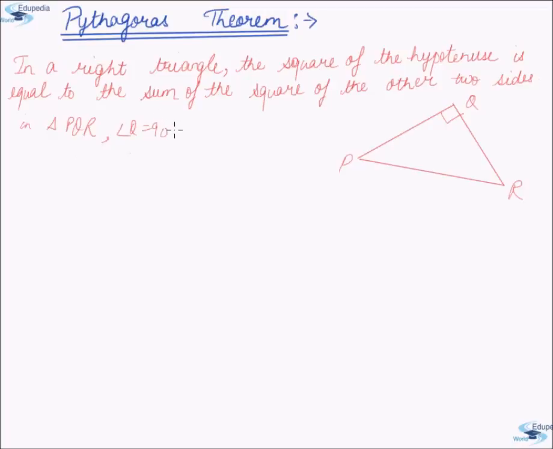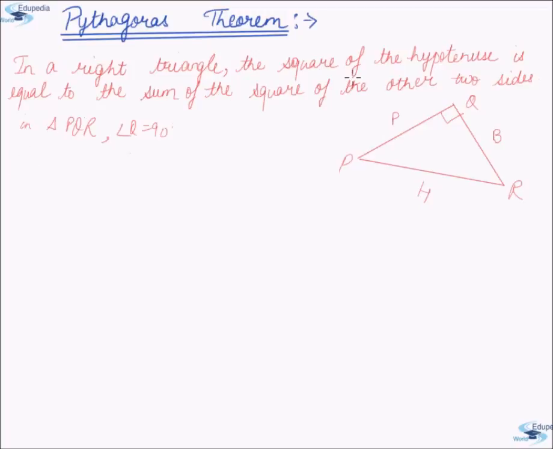So according to this theorem, the square of the hypotenuse. Now friends, hypotenuse is the side opposite to the right angle. Therefore, PR is hypotenuse. One of these two sides can be used as base and the other side as perpendicular.